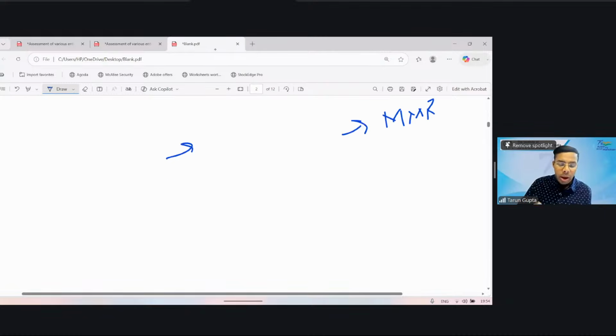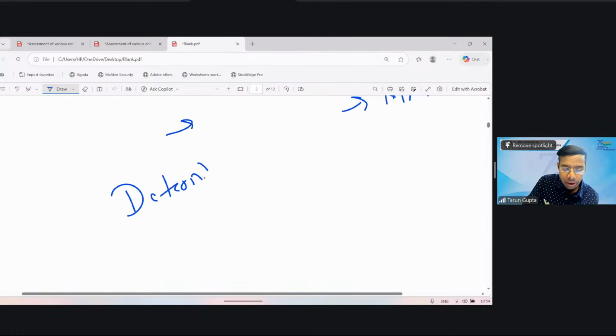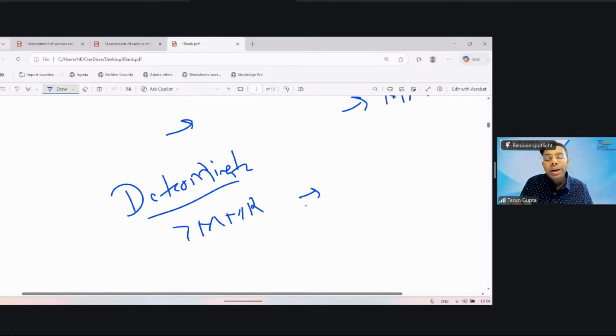Okay? But if the shares are determinate, means specific share of each member is given. Okay. Then, if there is any member in the AOP who is taxable at more than MMR, then only his share of income is taxable at such rate, and other income is taxable at MMR.